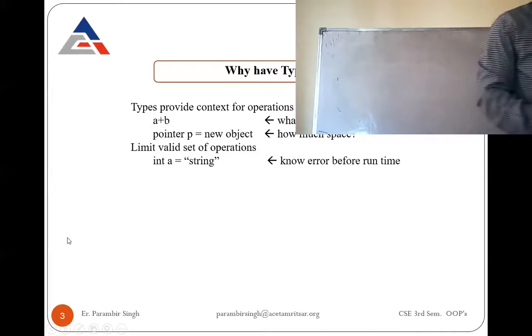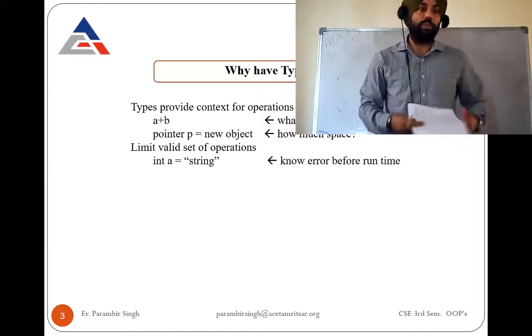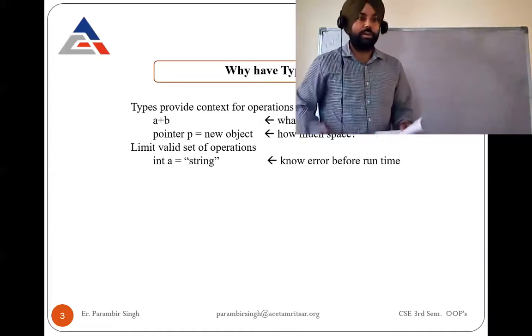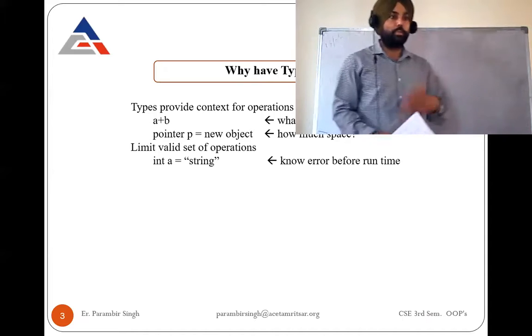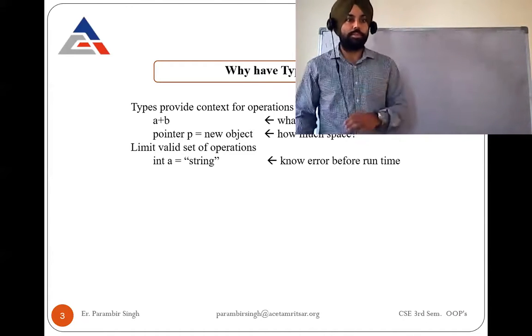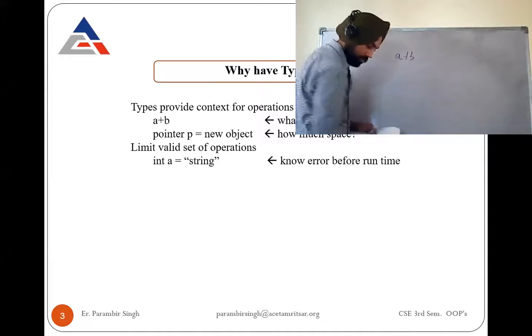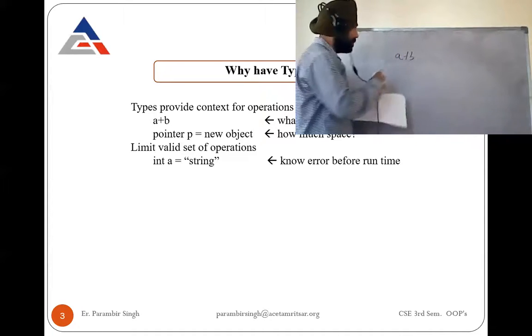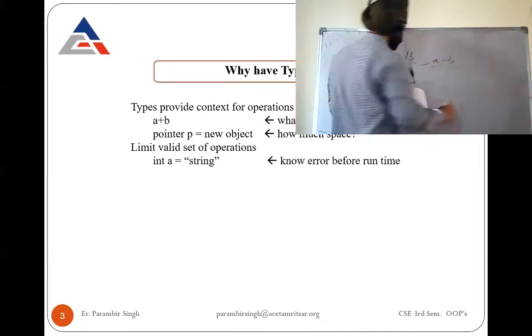Next, why do we need data types, or what is the requirement of data types? Why are we declaring a data type? What is the use of a data type? It provides the context for different operations. Suppose I want to add two numbers, like a plus b, or a minus b.